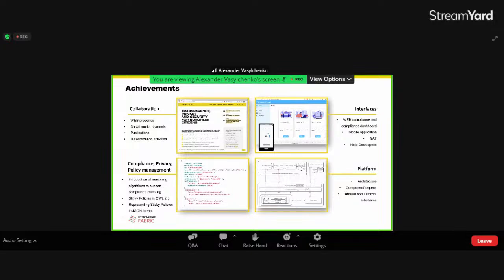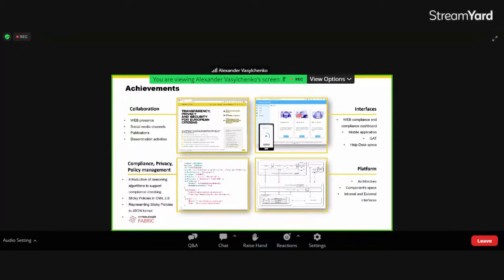So what we've done, we created the compliance, privacy, and policy management framework, introducing a reasoning algorithm, and introducing sticky policies in JSON and OAuth2 format. Basically, everything is compatible to be recorded in Hyperledger Fabric. And also we have a web interface for the data processing authorities or processors, basically companies providing the services operating with our personal data.